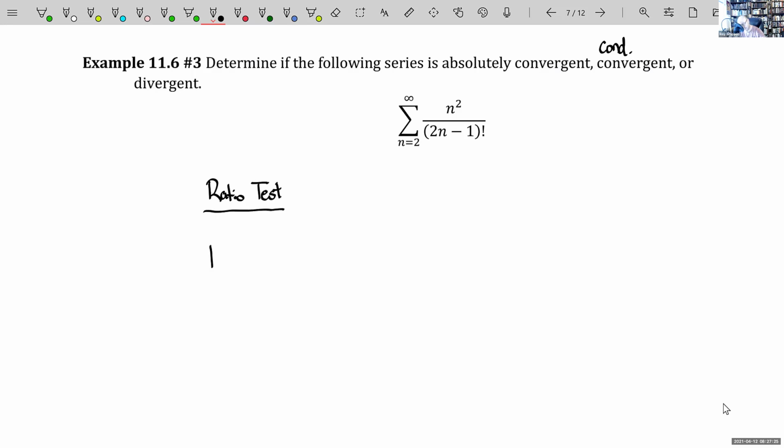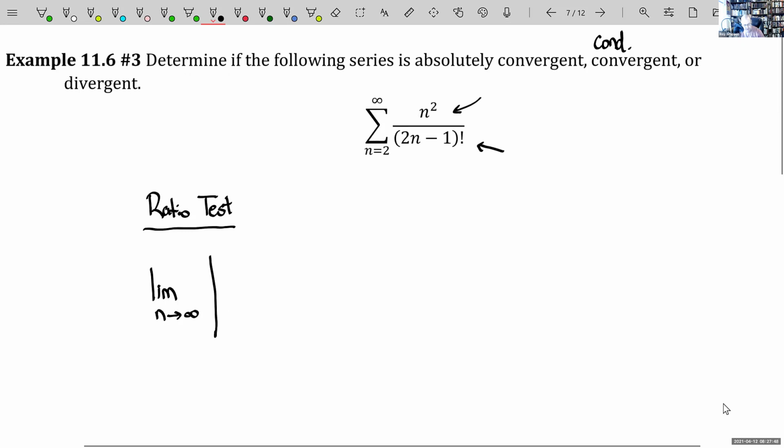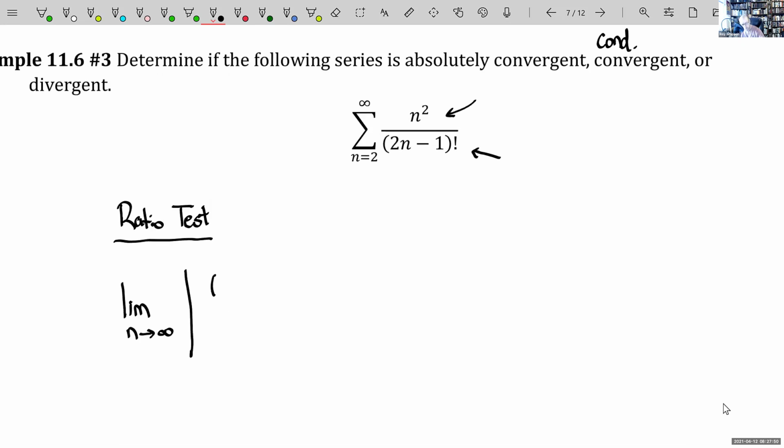We'll take the limit as n goes to infinity of the absolute value, which, by the way, there's no need for absolute values because both the numerator and denominator are positive in this situation. Not a big deal, but let's leave them on there for now. We'll look at the n plus first term.